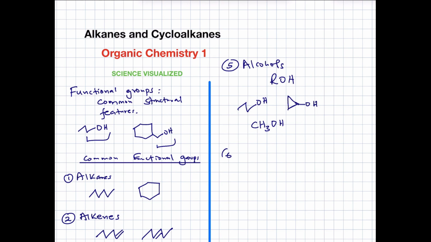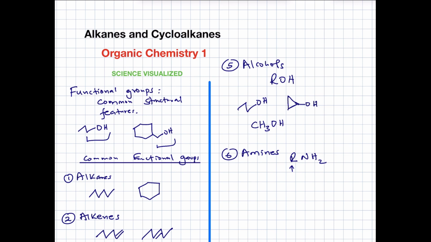Number 6, amines. Amines contain nitrogen. So for example, alkyl group NH2, remember nitrogen forms 3 bonds, and that would be a primary amine because it only has one alkyl group.